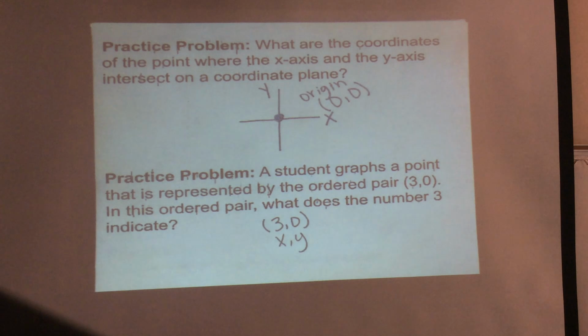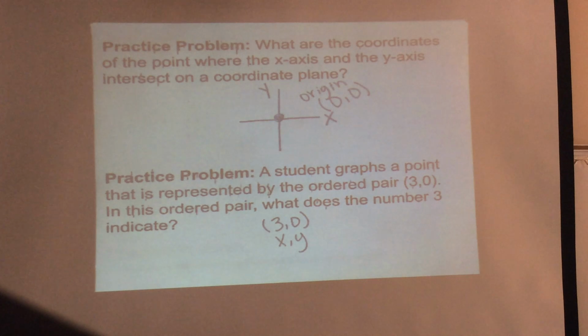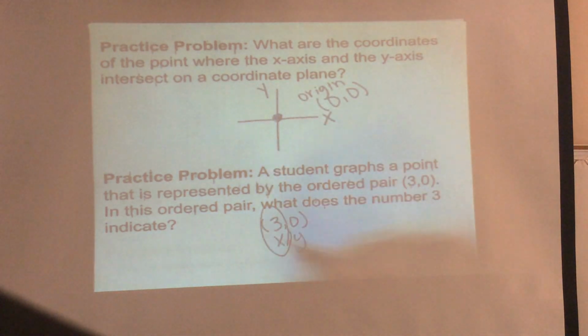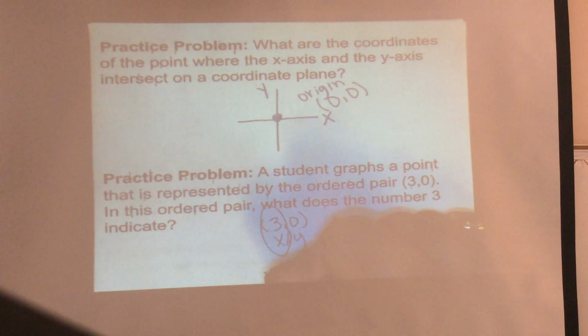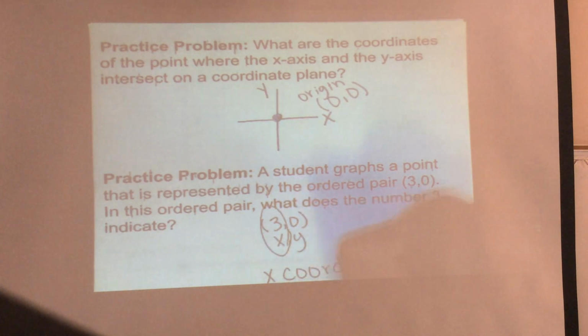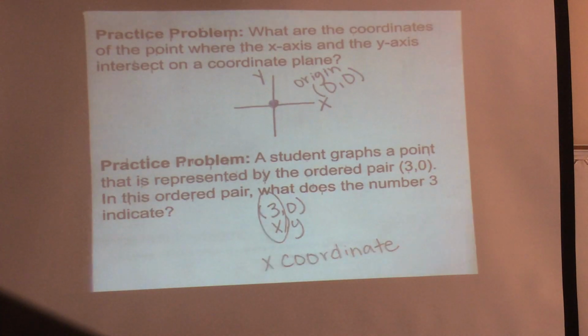Remember on our notes from Monday, we wrote that x, y, x always comes before y, just like when we sing the alphabet song, ABCs, x comes before y. So the 3 indicates my x coordinate. Okay.